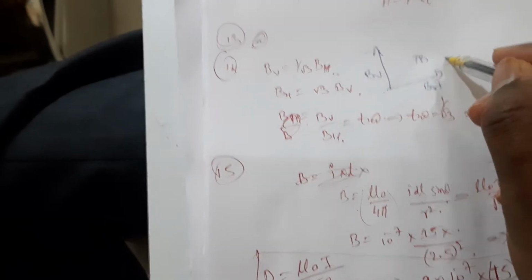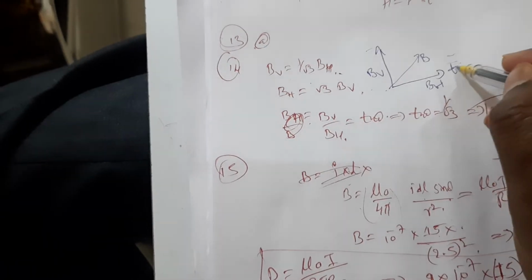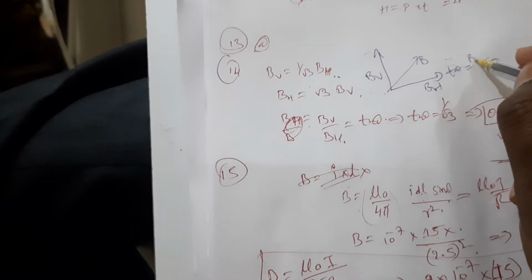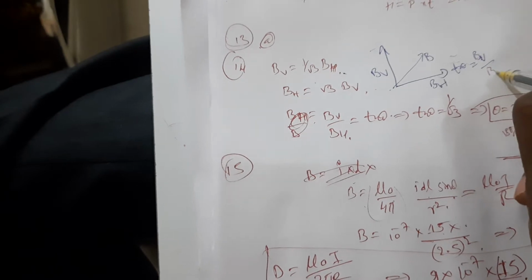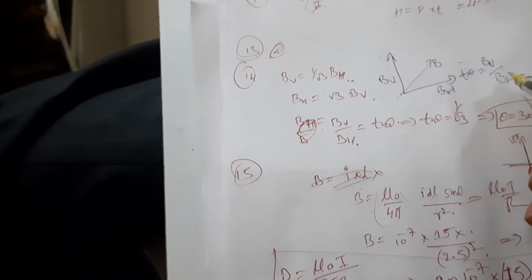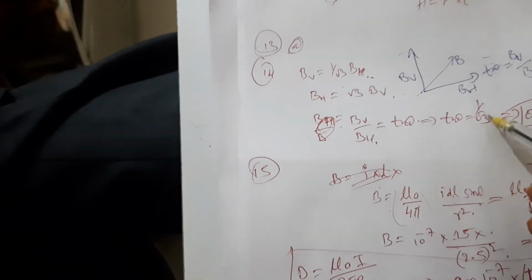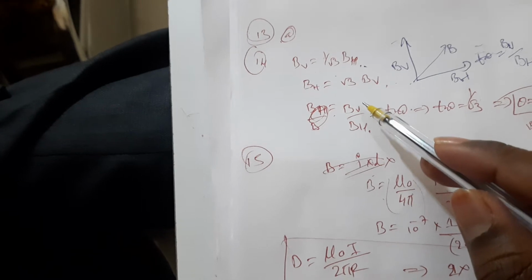So what we will write? Angle: tan theta equal to vertical component by horizontal component. So if you substitute, BV by BH equal to tan theta. So BV by BH equal to 1 by root 3 you will get from this.